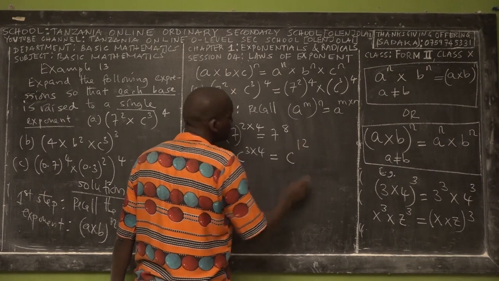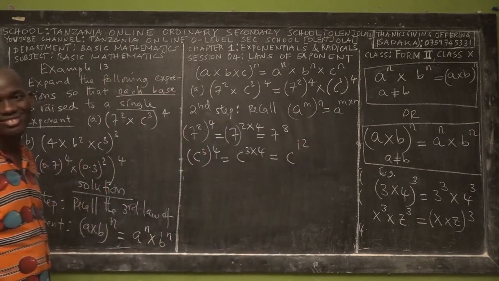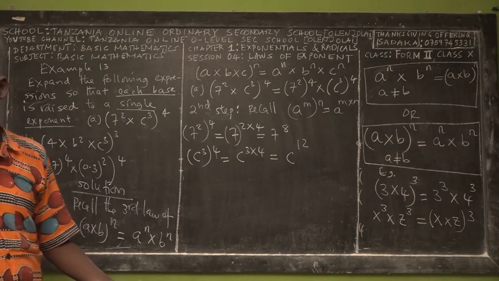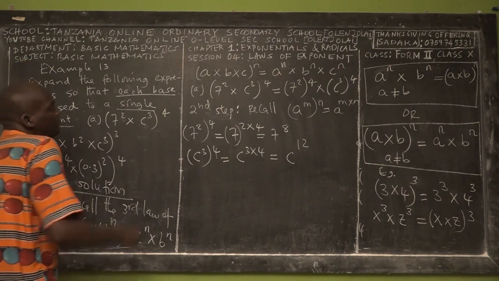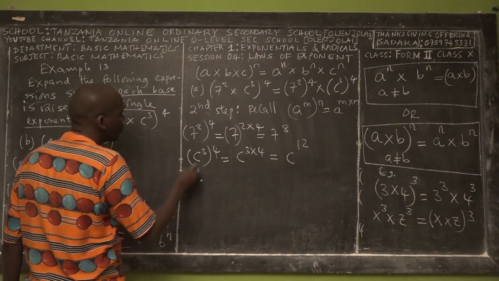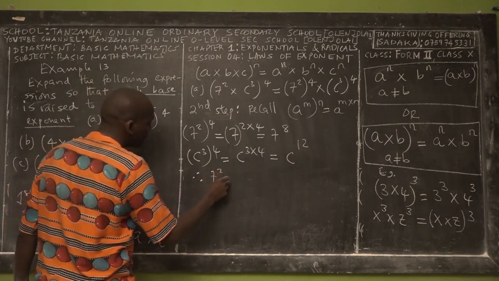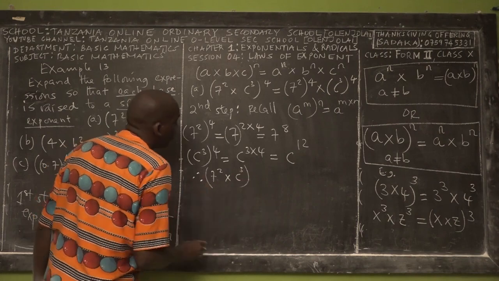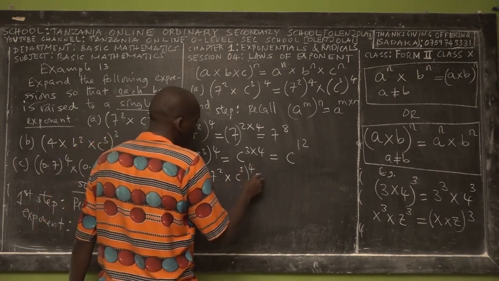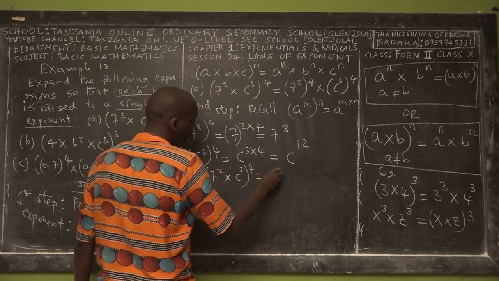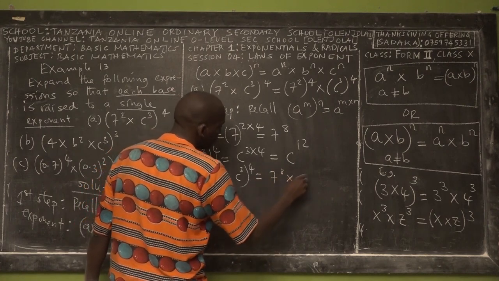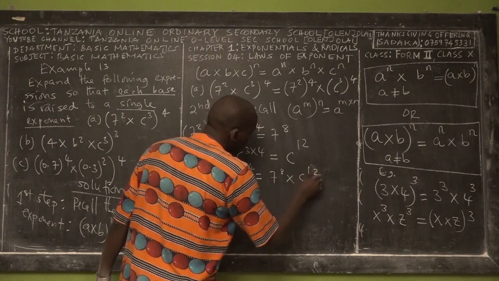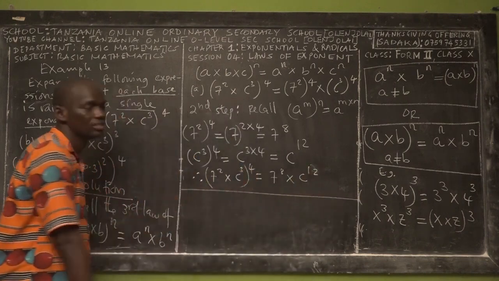So this is c power 12. So you see now, the questions start getting challenging. Therefore, for Roman A, 7 power 2 times c power 3, all to the power 4, is equal to 7 power 8 times c power 12. This is the final response.